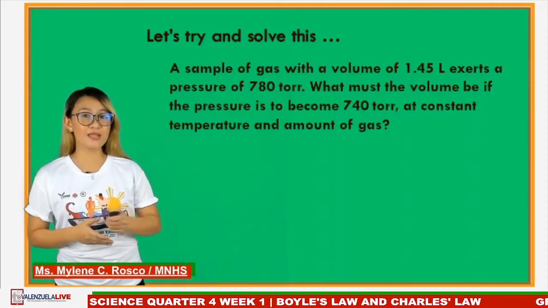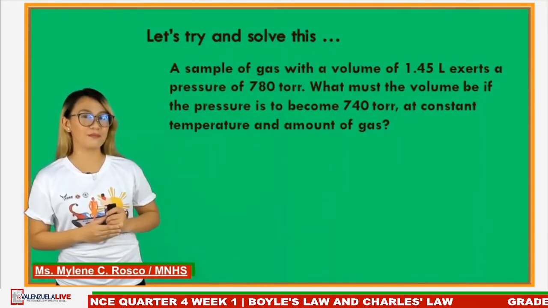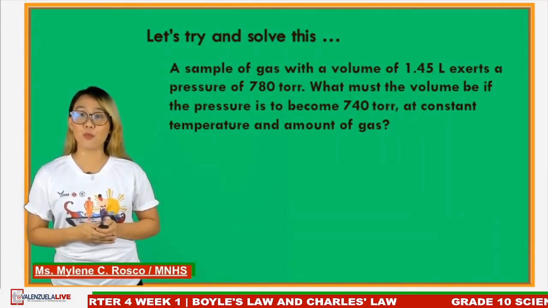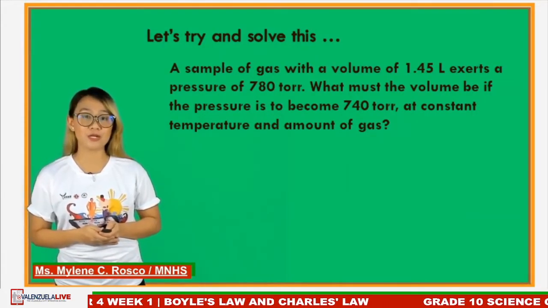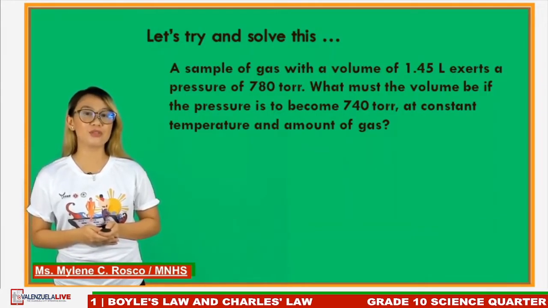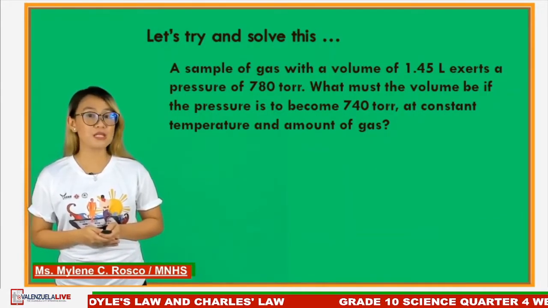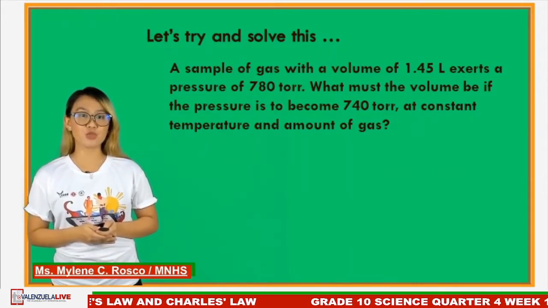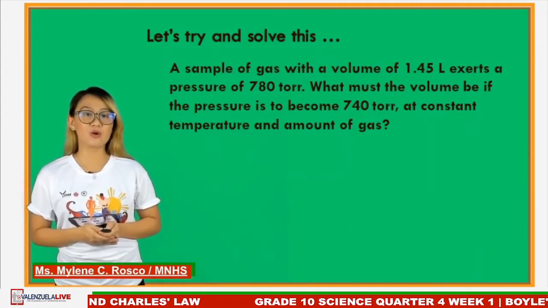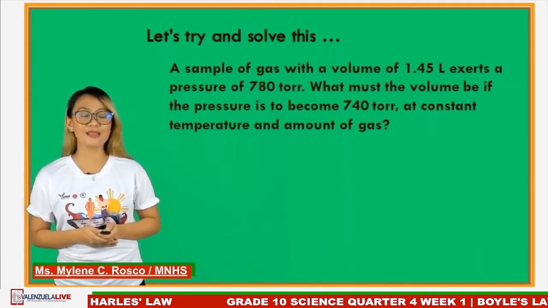Now let's try to solve this problem. A sample of gas with a volume of 1.45 liters exerts a pressure of 780 torr. What must be the volume if the pressure is to become 740 torr at constant temperature and amount of gas?